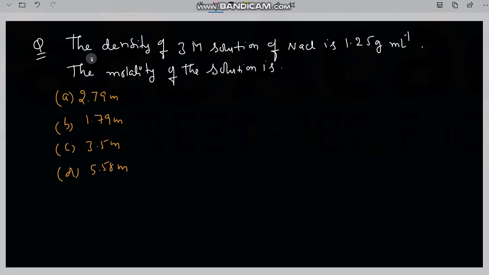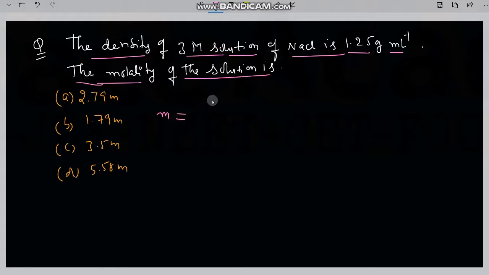The density of a 3 molar solution of NaCl is 1.25 grams per ml. Then the molality of the solution is? You have to find the molality of the solution. You know the molarity relation. Molality is equal to molarity into 1000, divided by 1000 into density minus molarity into molecular weight of solute.